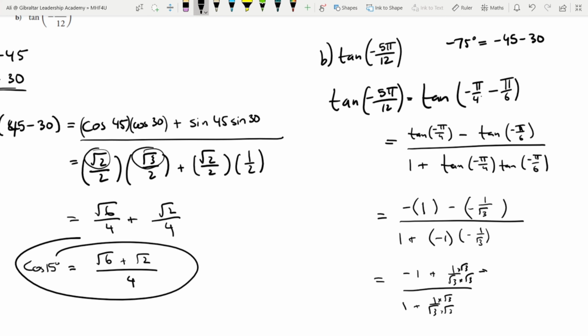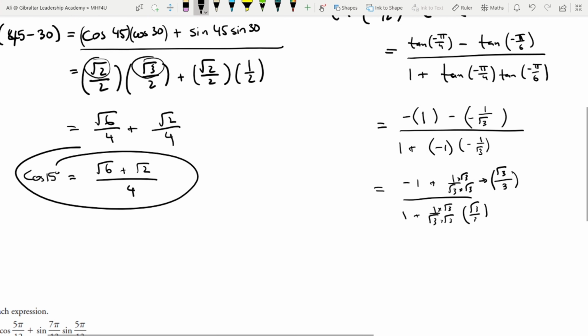This will turn into root 3 at the top, root 3 times root 3 is just 3 at the bottom, and this would be root 3 over 3 as well. Let's keep going. So this would be negative 1 plus root 3 over 3 over positive 1 plus root 3 over 3.